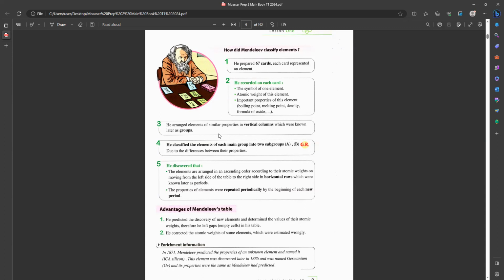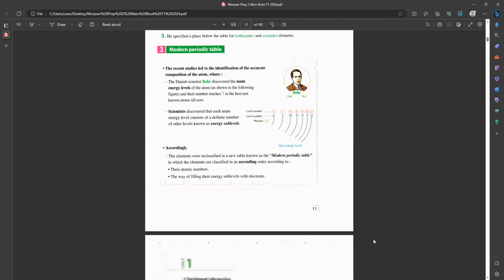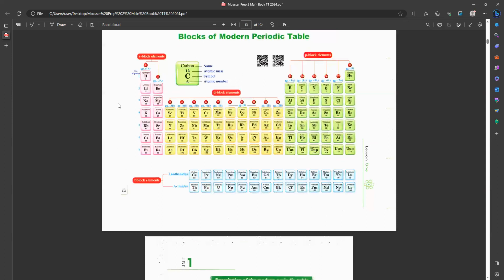And we know the table must have columns and rows, like this table. Each table has vertical columns and horizontal rows.